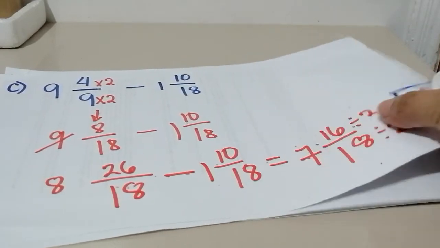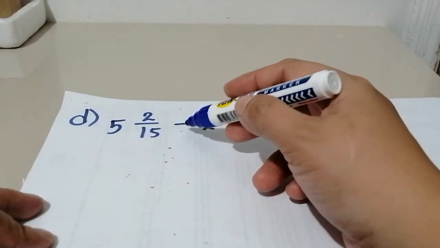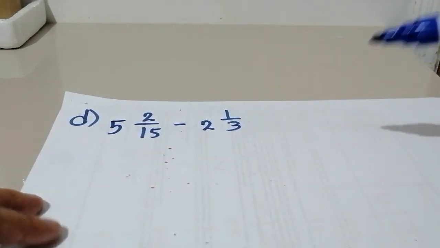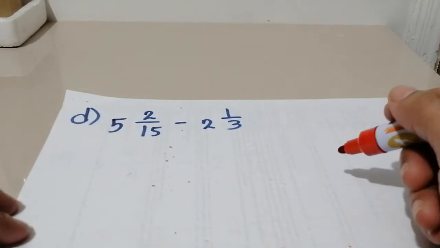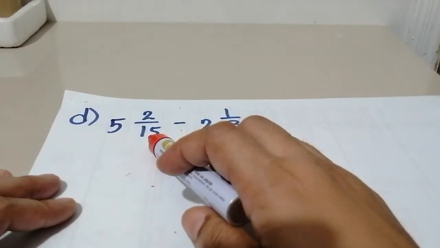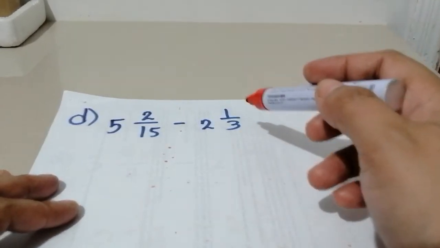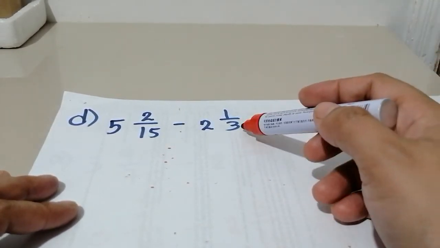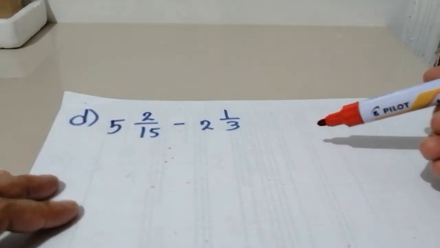Okay, next. This one. Okay, so 5 and 2 over 15 minus 2 and 1 over 3. So, pinakaunang gagawin natin, dahil dissimilar nga siya, make the denominator the same. And since 15 is a multiple of 3, then we just have to think of a number, kung ano yung multiply natin sa 3, to make it 15 by skip counting.